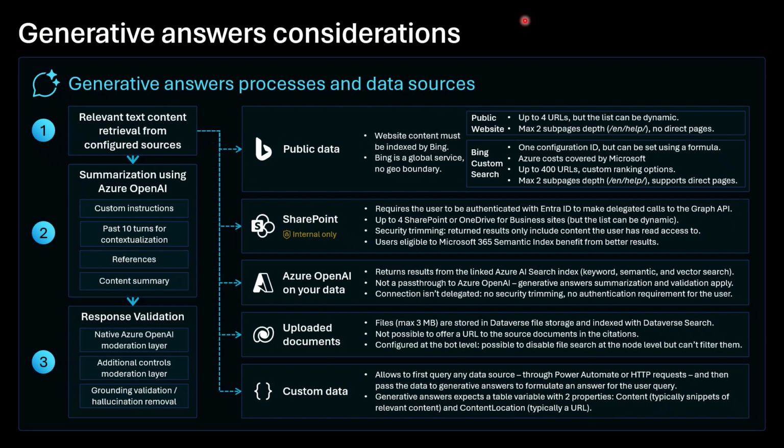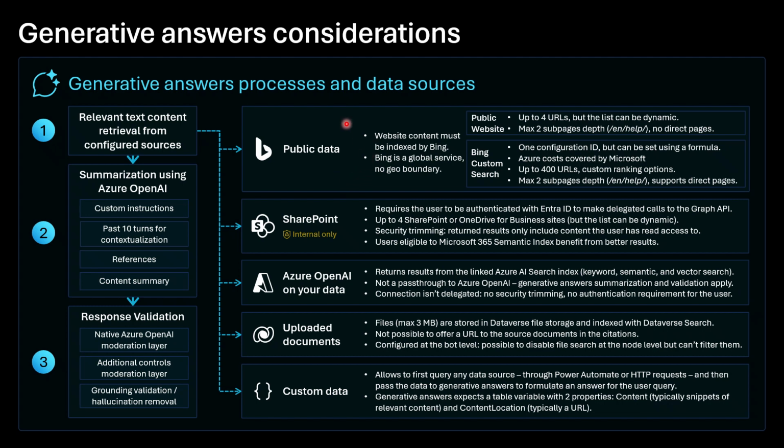Now let's look at how Azure OpenAI comes into play in Copilot Studio. You can add this custom topic of generated answers to your Copilot Studio. Here you are able to do relevant retrieval from multiple configured sources.